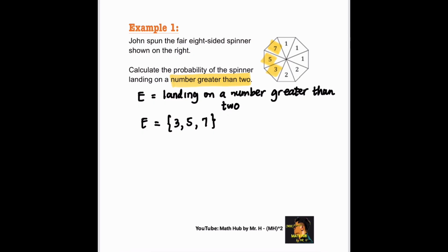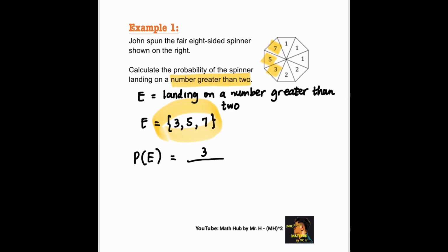All right. After identifying those favorable outcomes, we can simply calculate the probability. So we have the probability of the event, which is landing on a number greater than 2, equal to the number of favorable outcomes, which is 3, divided by the total number of possible results.